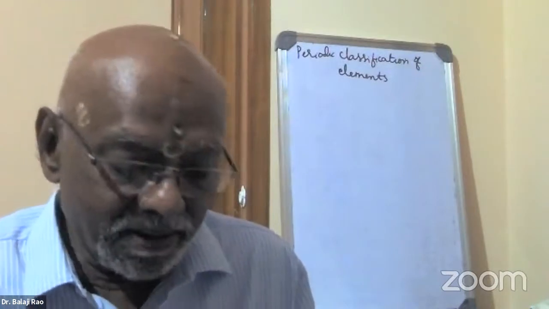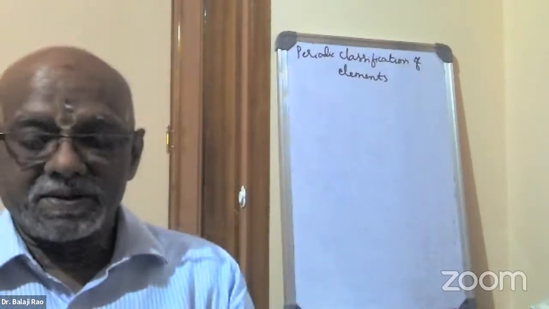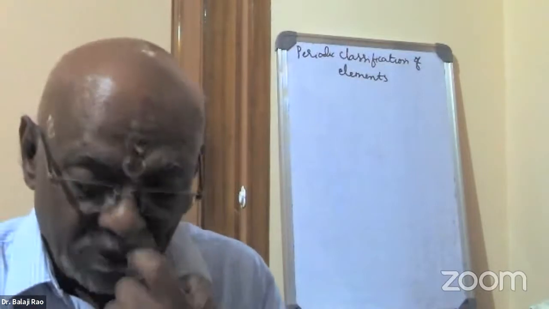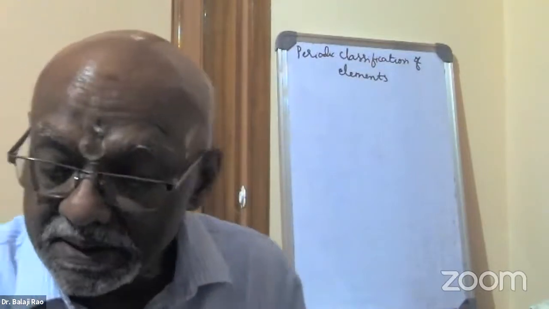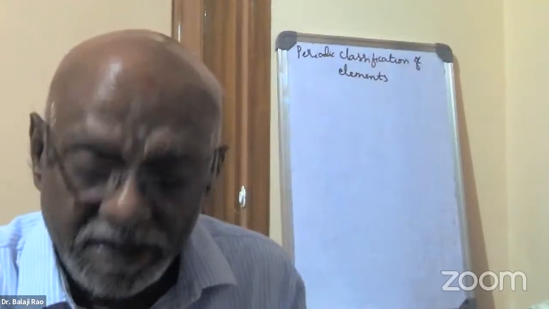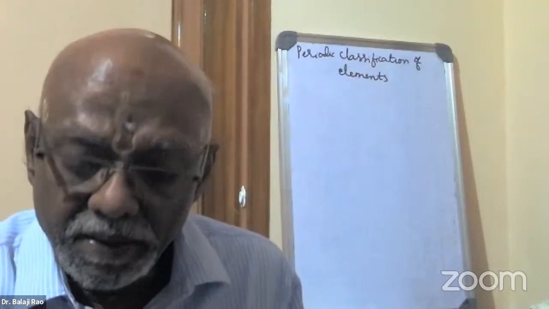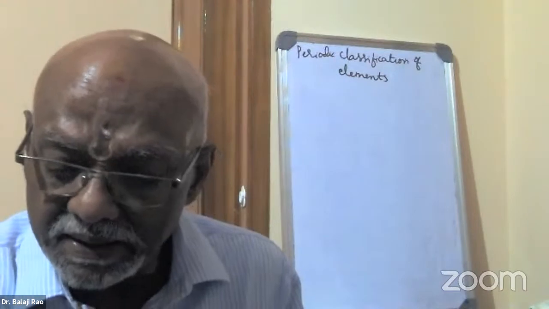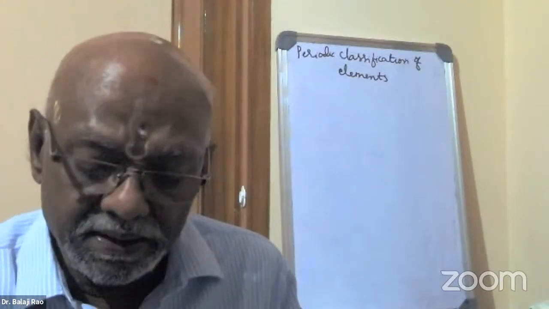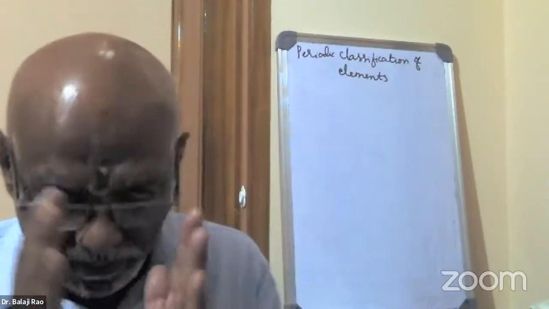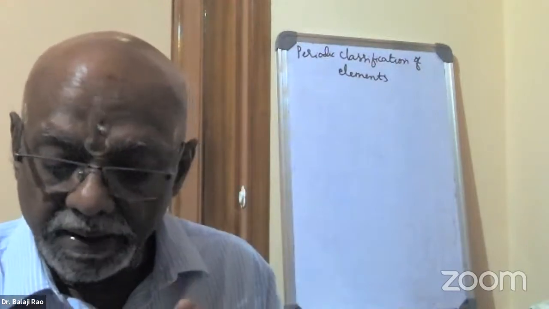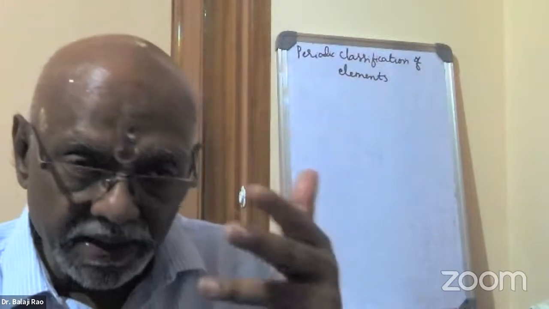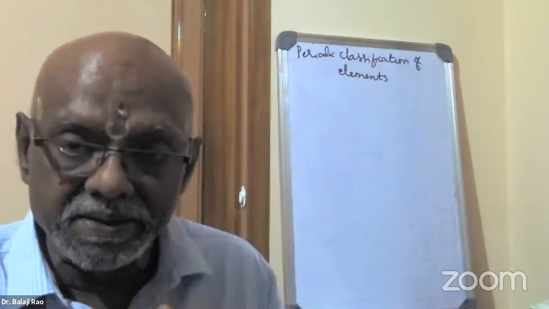All right. So Dobereiner, the first so-called official classification was made by Dobereiner. He tried to arrange elements with similar properties into groups. He identified that some groups having 3 elements followed a particular pattern, and these 3 element groups were called triads.